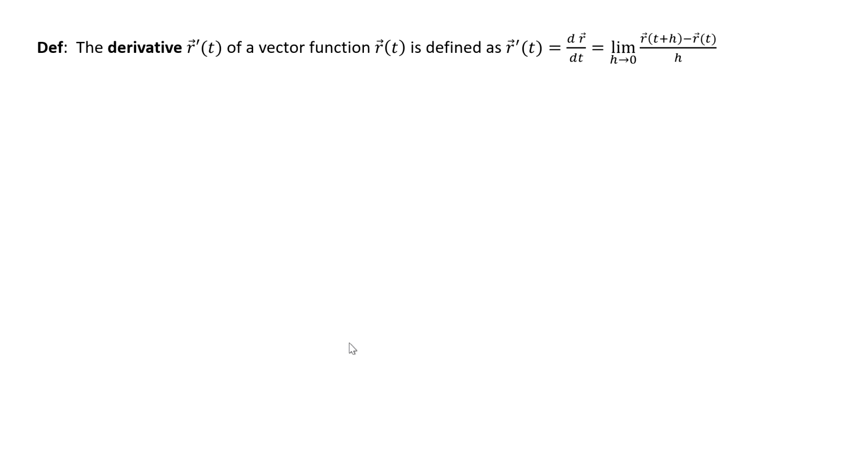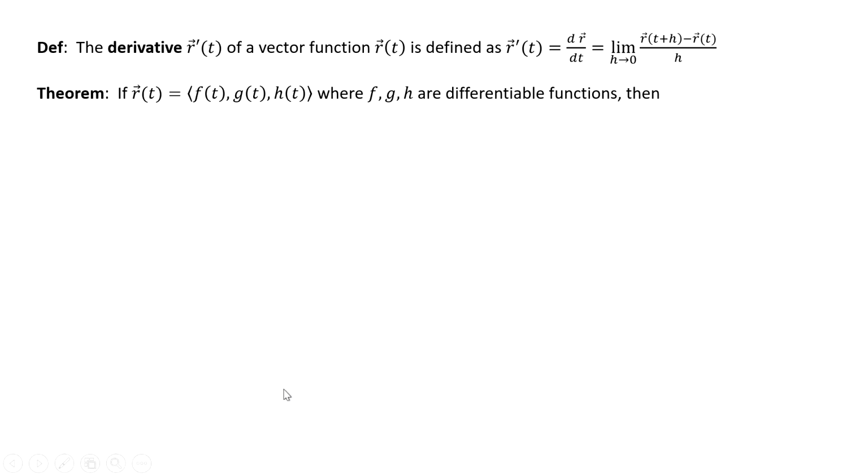Do you remember that equivalent in calculus 1? F prime of x. What is f prime of x? Its limit as h approaches 0 of f of x plus h minus f of x over h, right? This is a similar version to it. Nothing big deal. And let's look at the theorem.